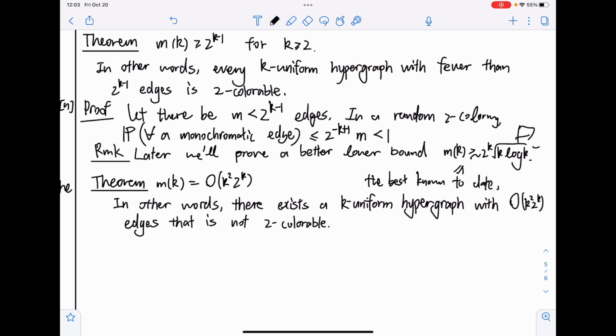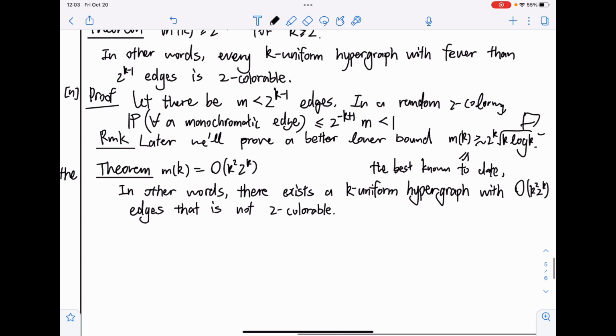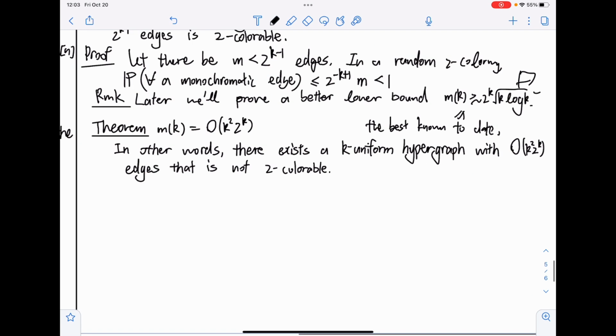Perhaps somewhat surprisingly, the state of the upper bound is also proved using the probabilistic method by random construction. It was also proved by Erdős in the same year. It says that m_k is less than or equal to k squared times 2 to the power of k, up to linear. In other words, there exists a k-uniform hypergraph with big O of k squared 2 to the power of k edges that is not 2-colorable.